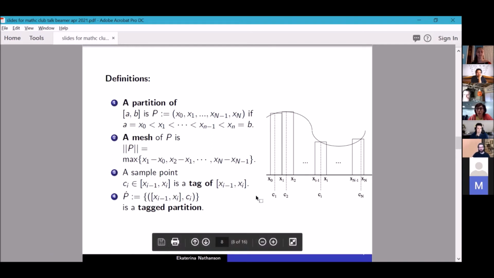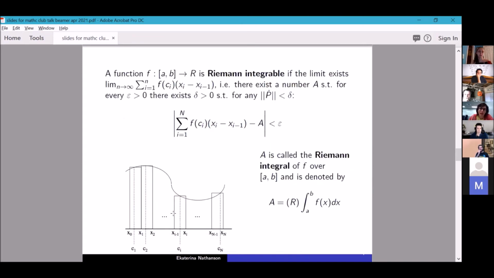In each of the subintervals, we pick a sample point, ci, that we call a tag. A collection of subintervals with tags we call a tagged partition. Now, when we define a Riemann integral, we say that a function f is Riemann integrable if the limit of the Riemann sums exists. This is the same limit of areas of rectangles that we saw before.